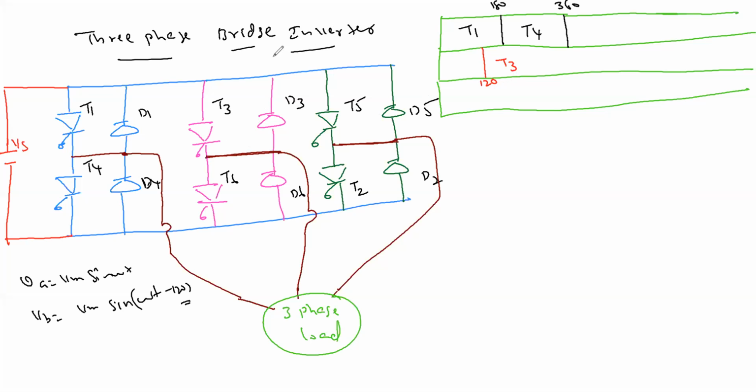This is what I was discussing, the 180-degree mode. So T3 should conduct 180, meaning up to 120 plus 180, 300. After that, who is the counterpart? T3, T6. So T6 will conduct here for another 180, which is somewhere here, 480. Did you understand this point?